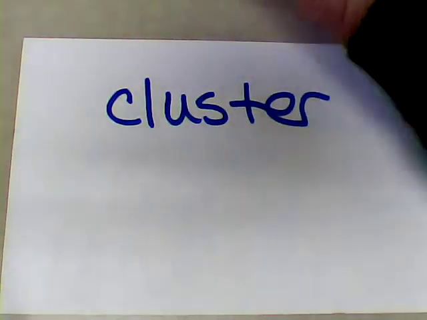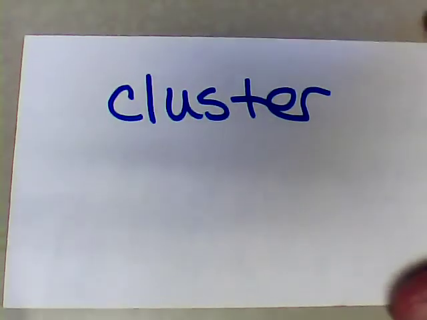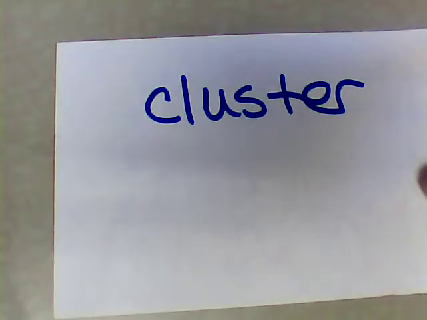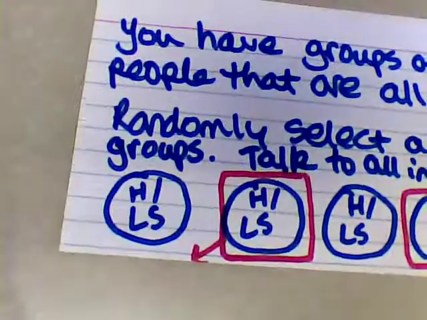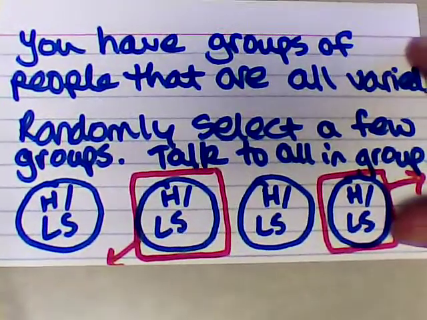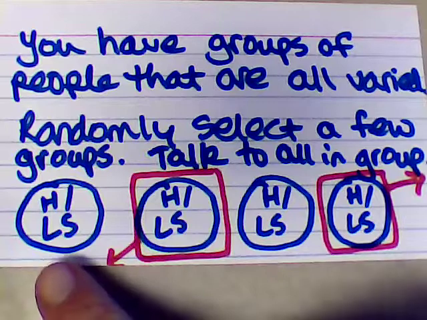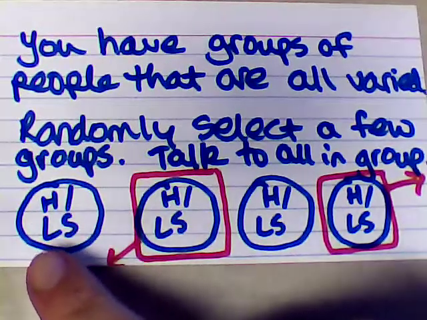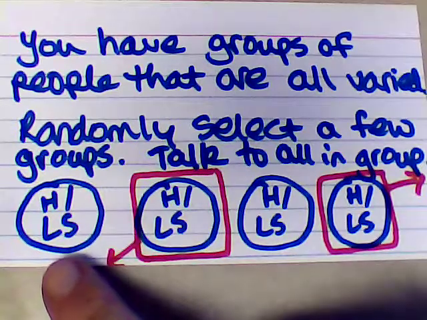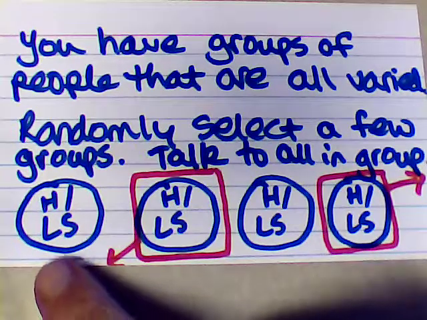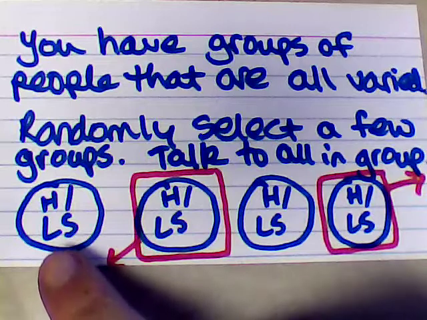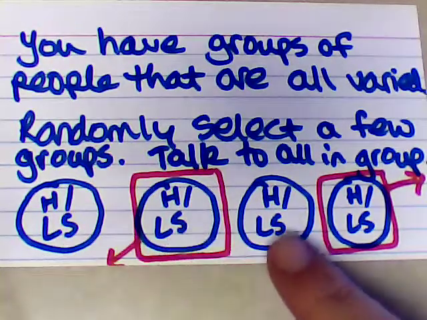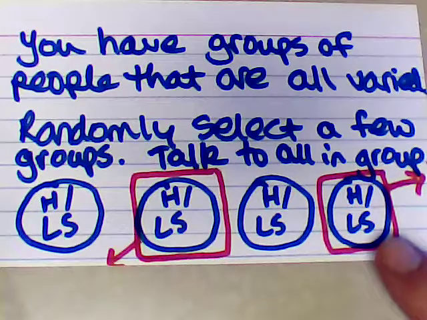Okay, so a cluster sample is a little bit different. You're still breaking things down into groups that are called clusters this time. So if you look at my 4 groups this time, they all look the same. I think this was supposed to be like humanities, life science, or something. They all have these letters. So this group is kind of the same as this group, is kind of the same as this group, is kind of the same as this group.